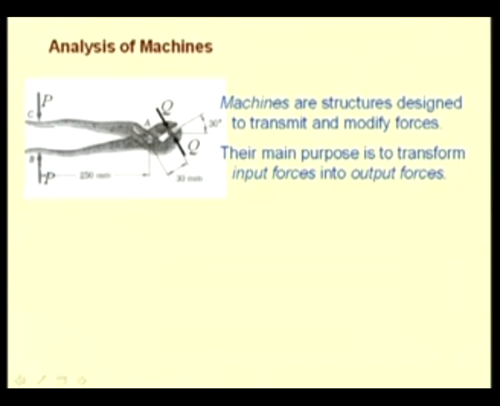The force required to hold, or let us say to cut this wire, may be a large quantity Q, which is not convenient for a human to supply. And so we have this plier which provides a lever arm so that a force which is of considerably less magnitude can be applied, and the job of either holding or cutting the wire can be accomplished.